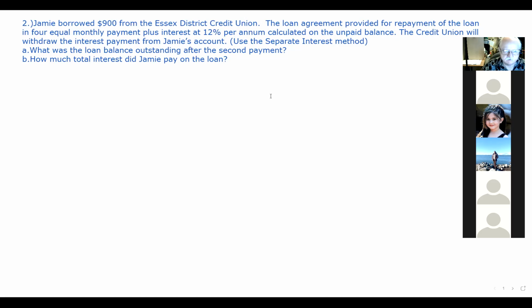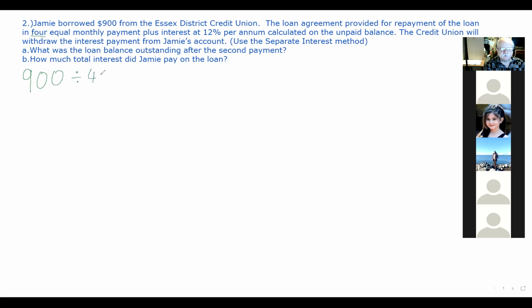So let's take a look at the calculations we have to do here. We know that Jamie borrowed $900. We also know that, again, he or she, we're not quite sure, is making 4 equal monthly payments.